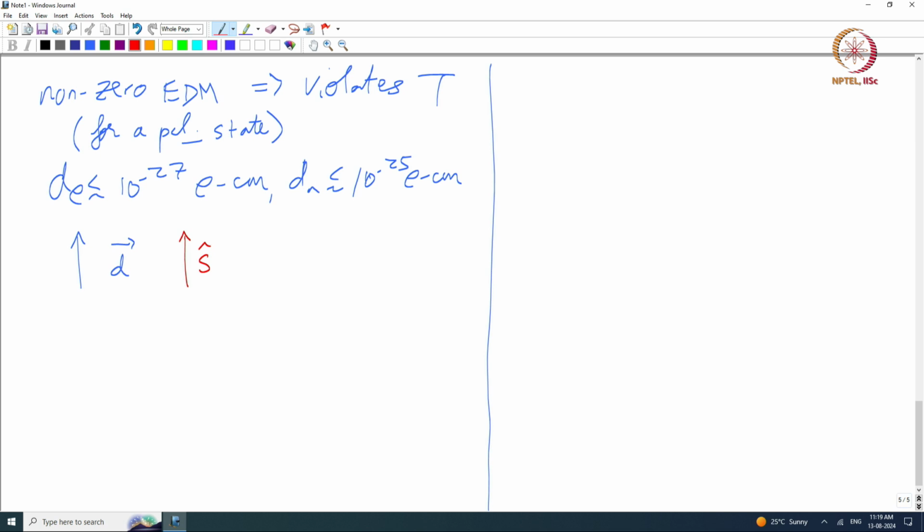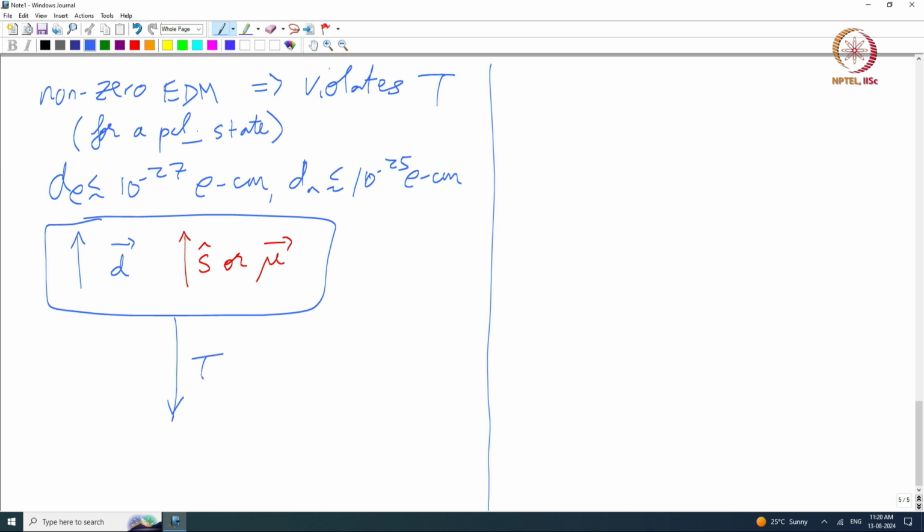Let's take this basis for now. And this need not be just the spin, it could also be the magnetic dipole moment, correct, they have the same alignment. Now this is what I am defining as my state. Now suppose I put this under time reversal, what happens?